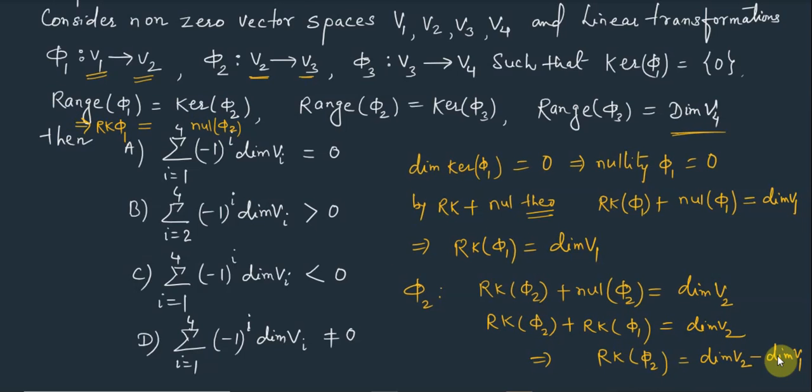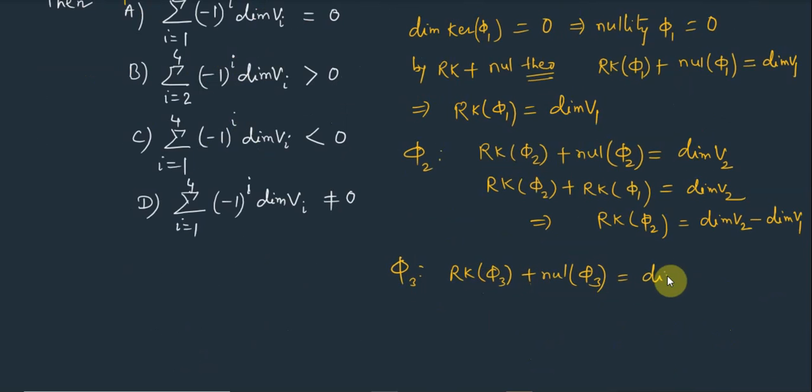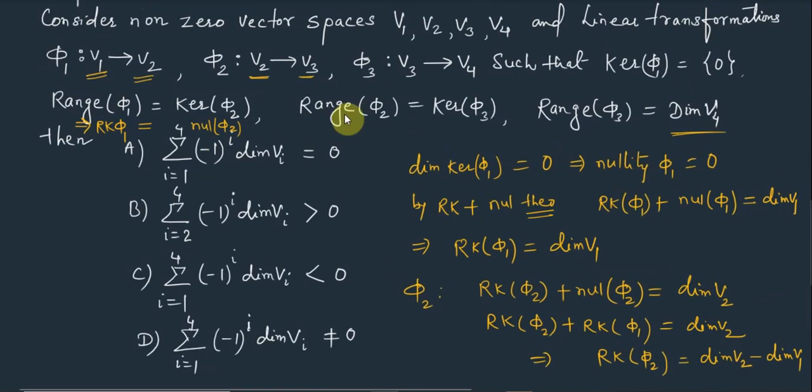Now move to phi3. For phi3, again rank of phi3 plus nullity of phi3 is equal to the dimension of V3, the dimension of the domain. Using another relation, range phi2 is equal to kernel phi3, the dimension of range phi2 is equal to the dimension of kernel phi3. So rank of phi2 is equal to nullity of phi3.